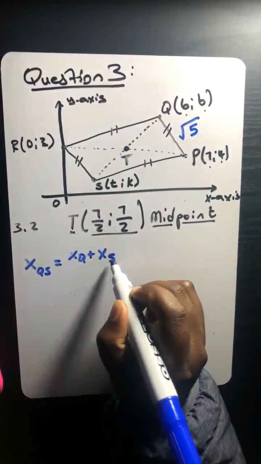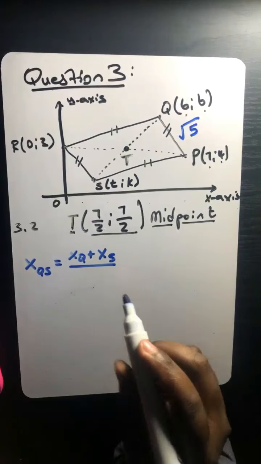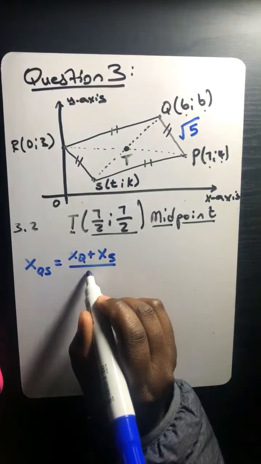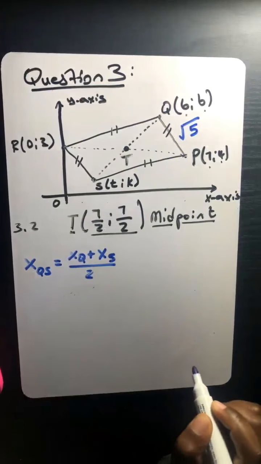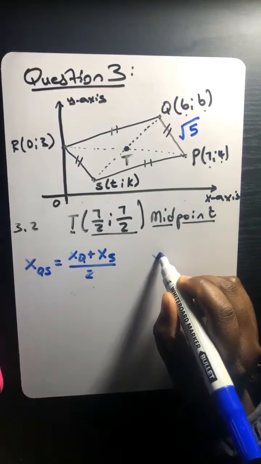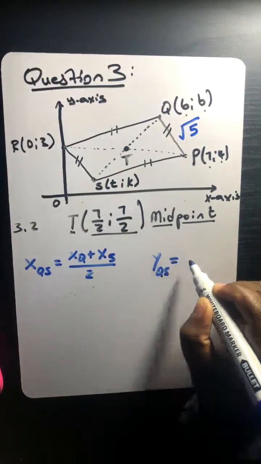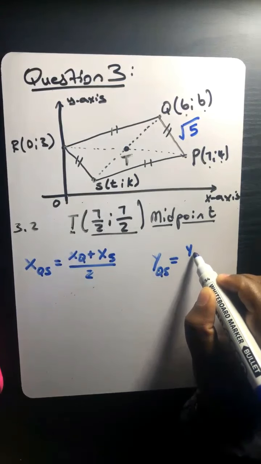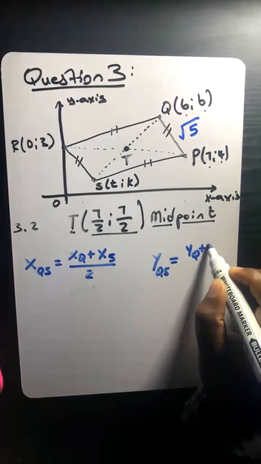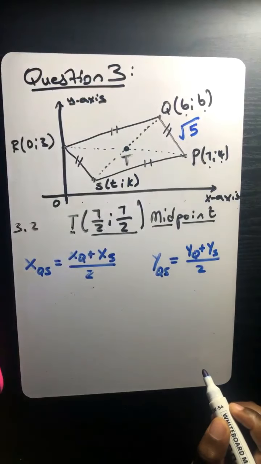You shouldn't rely on the formula sheet to determine these formulas. So let me also do the y value. We know that the midpoint of QS will be equal to y of Q plus y of S divided by 2. So just make sure, guys, that you know these formulas by heart.